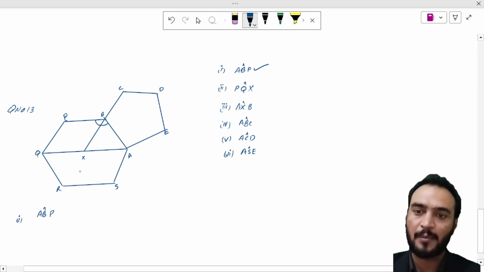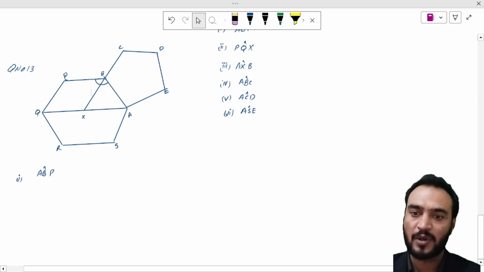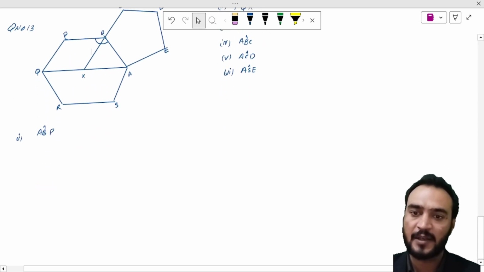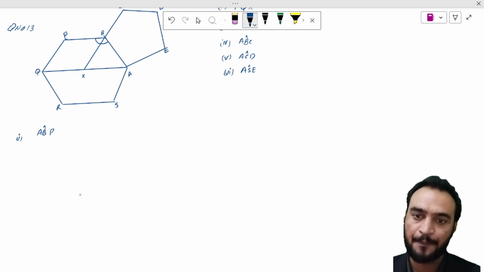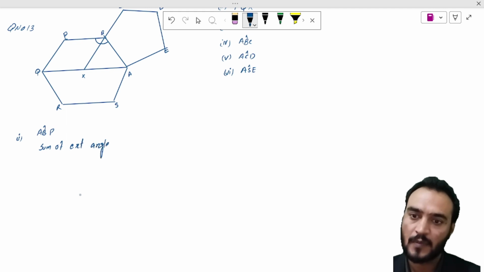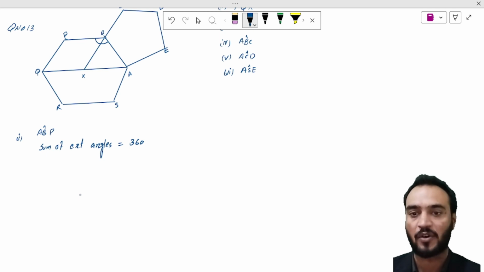We know that the sum of exterior angles of any polygon is equal to 360 degrees. The number of sides in a hexagon is 6, so we divide 360 by 6 to get each external angle of the hexagon.